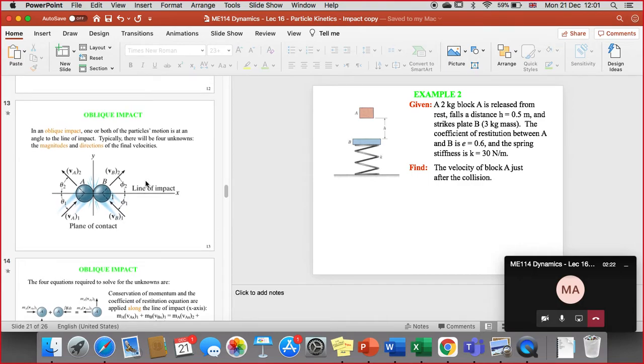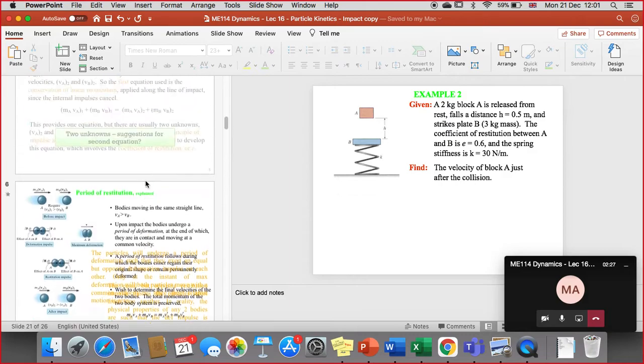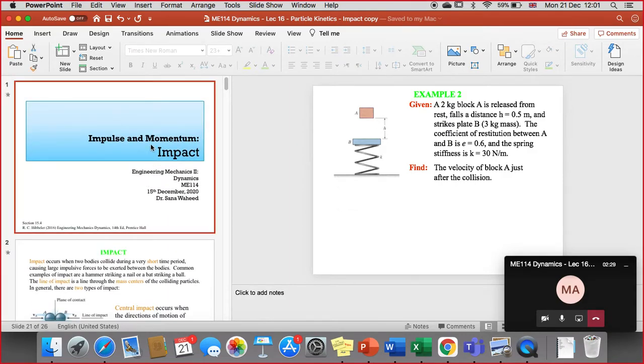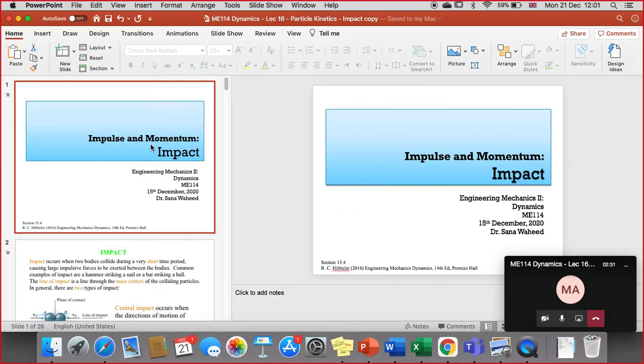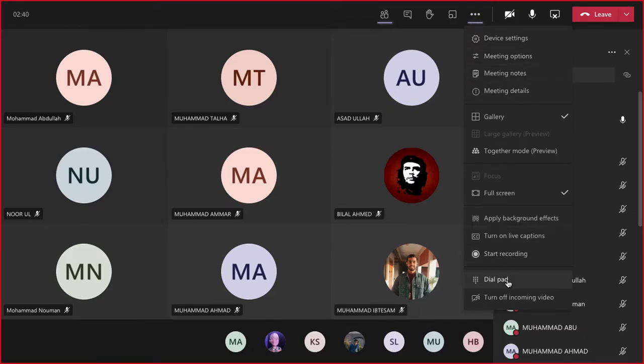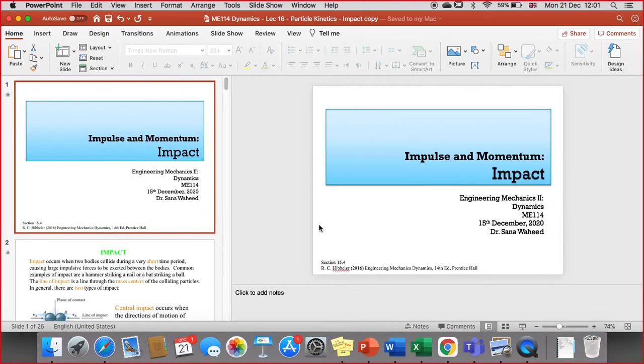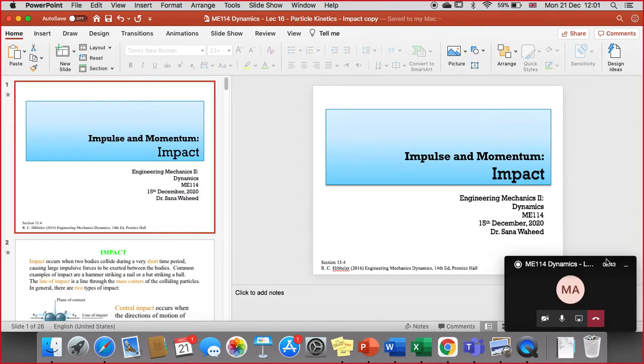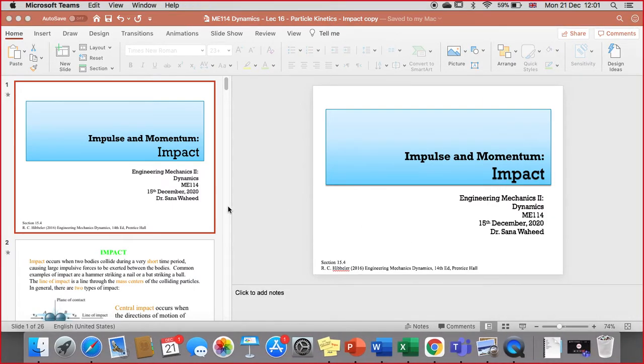So, as you may recall, last week we ended on discussing a particular type of problem which involves the conservation of momentum, and that was impact. So we were looking at a particular application of the conservation of momentum, problems of impact.